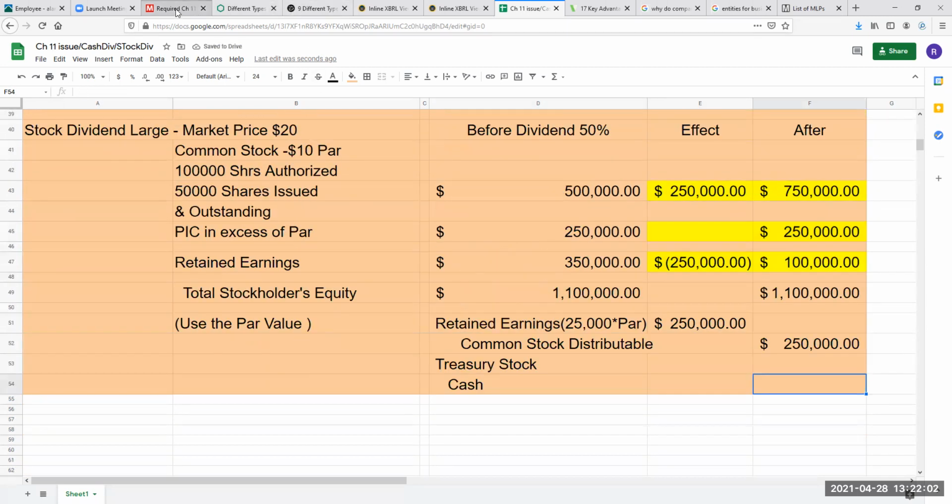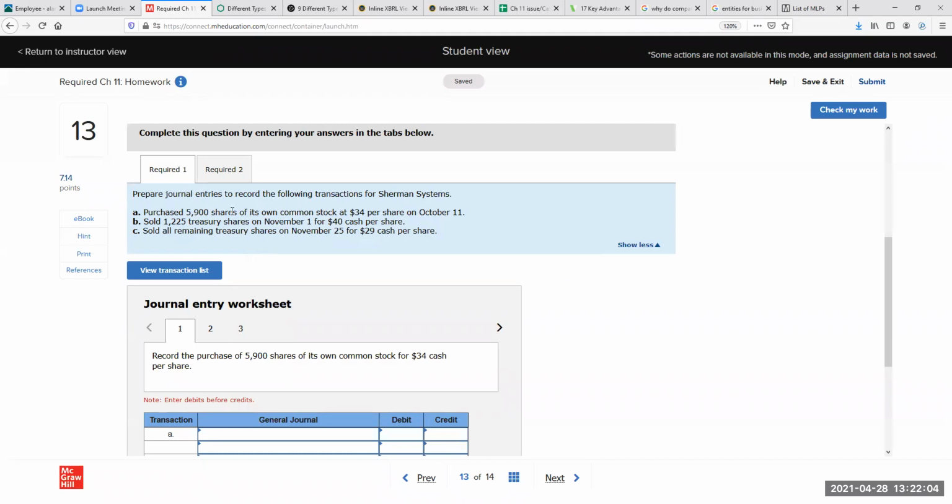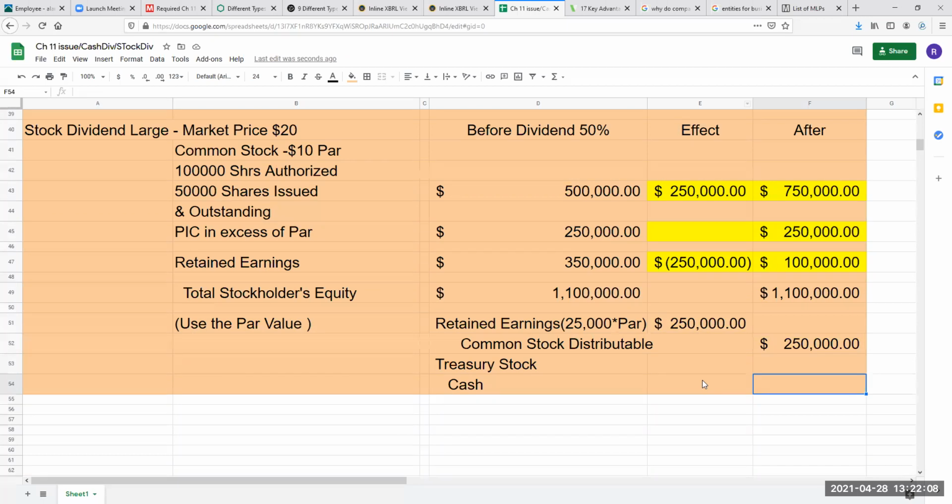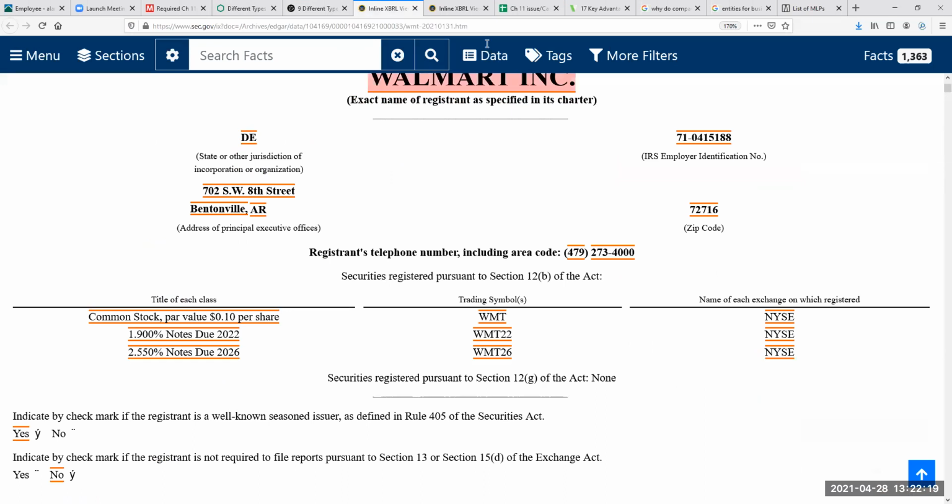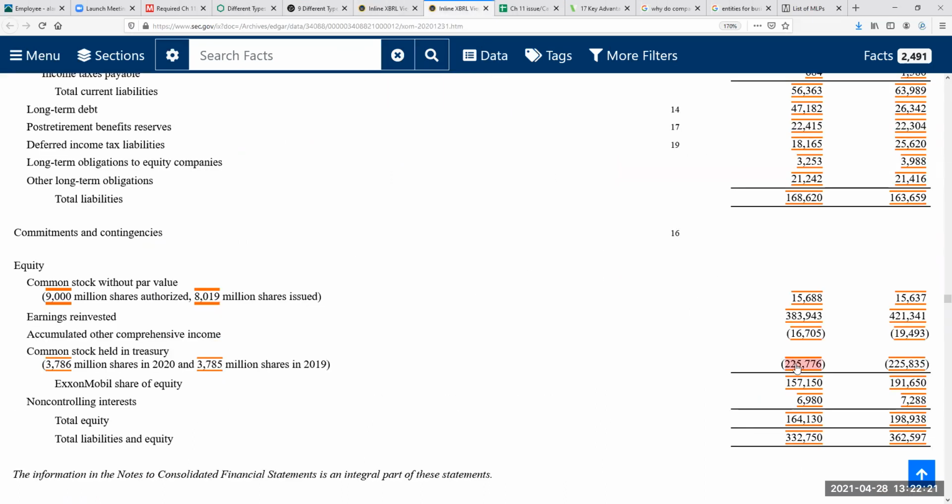So in our example, it's buying back 5,900 shares at $34. So what I'm trying to show you, if they buy one share, cash is going out. So treasury stock is a debit. That's why you see it is a debit here in the middle of all these credits.